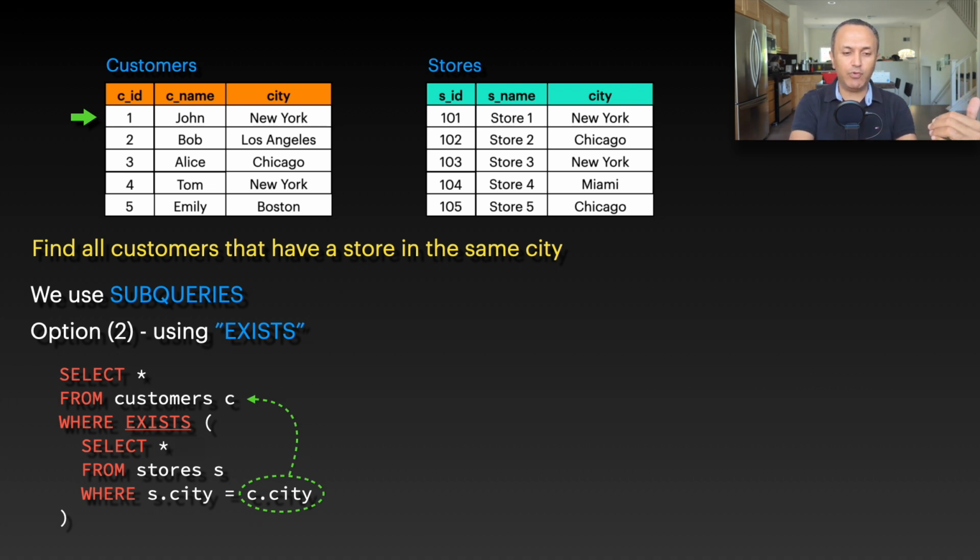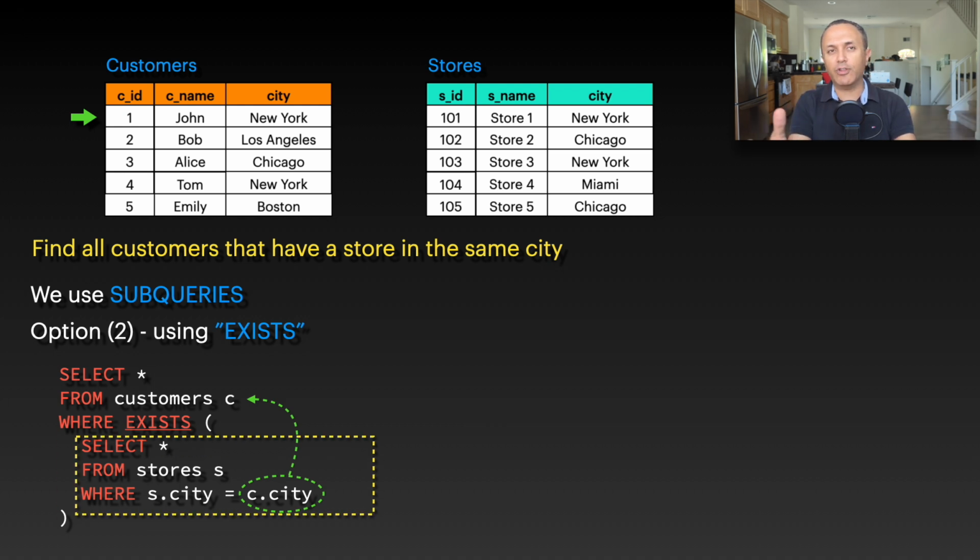So it's almost like we want to evaluate this subquery, but we substitute New York for the city. So select star from stores where city equals New York. Does this return anything? Yes, we have a couple of stores in New York, so this query will return a couple of rows. We don't really care about what the query is returning, but we only care whether it returns something or not, because we have this exists clause.